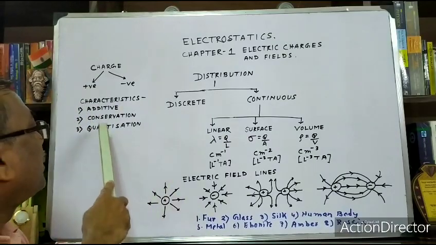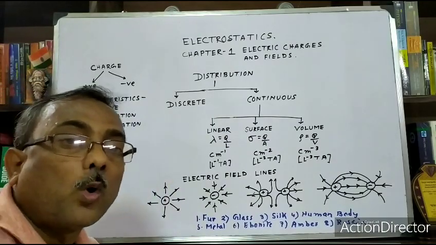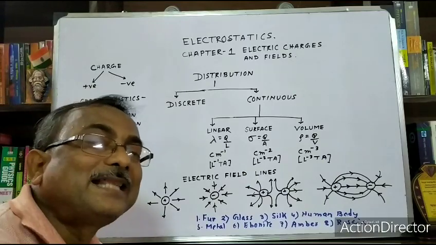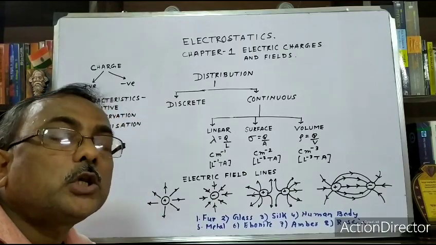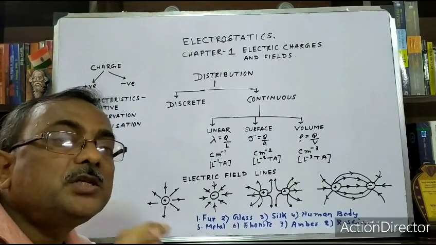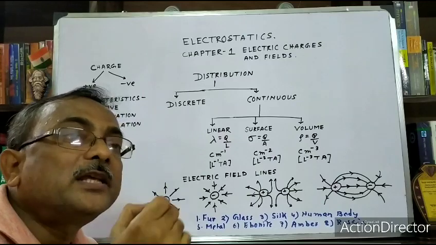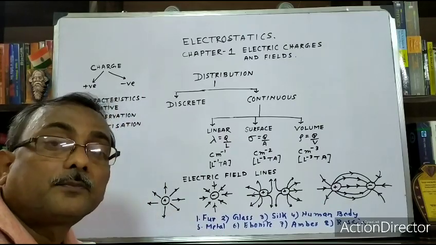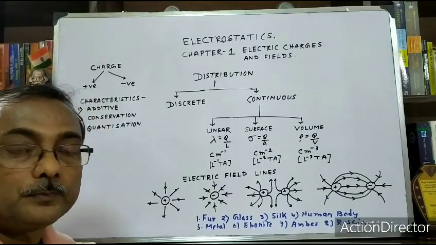And the very important property of charge is quantization. Quantization of charge states that the charge of a body is always some integral multiple of the smallest value of charge, and the smallest value of charge is the charge of an electron.